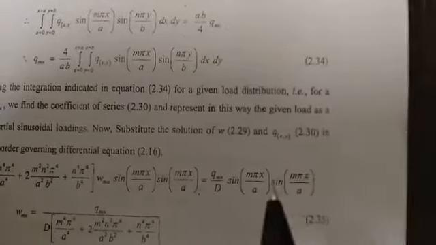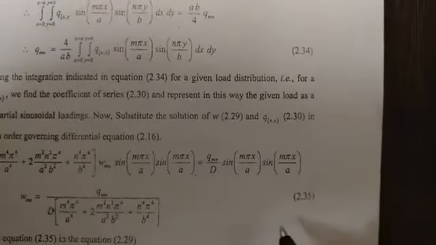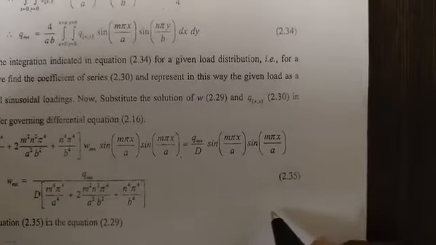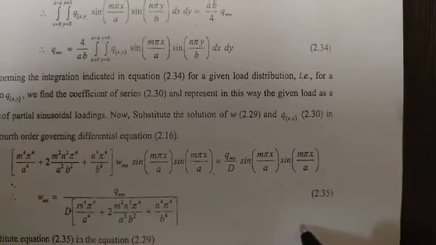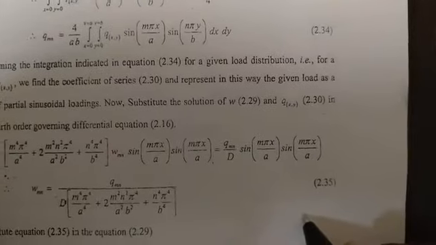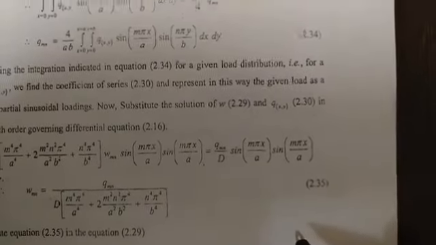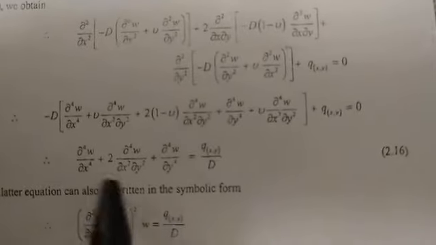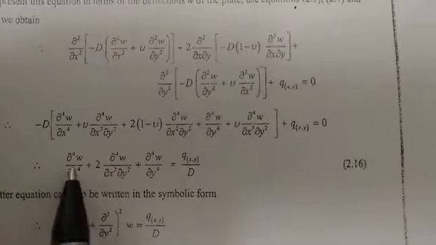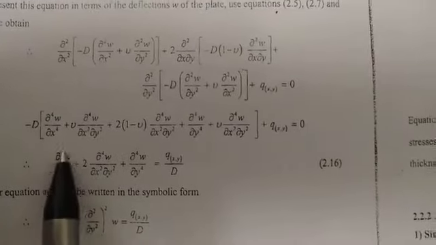We have to substitute values of q and w from these equations into the fourth order governing differential equation, which we derived in the previous video. I'll show which one is the fourth order governing differential equation. This is the fourth order governing differential equation in terms of w deflection.